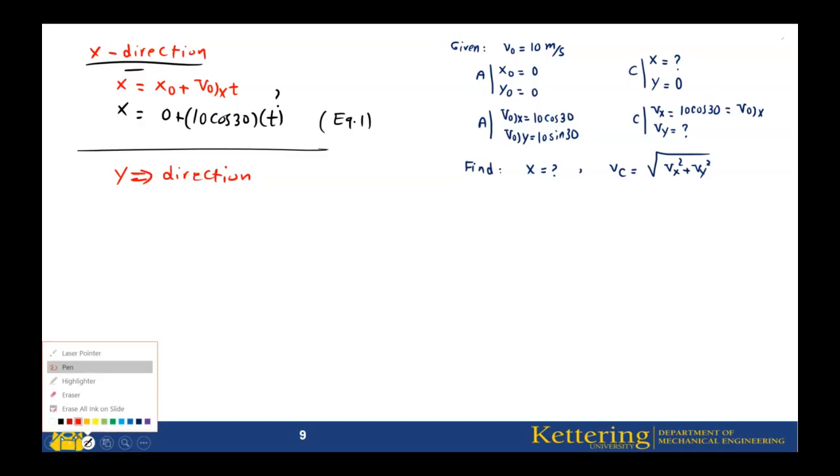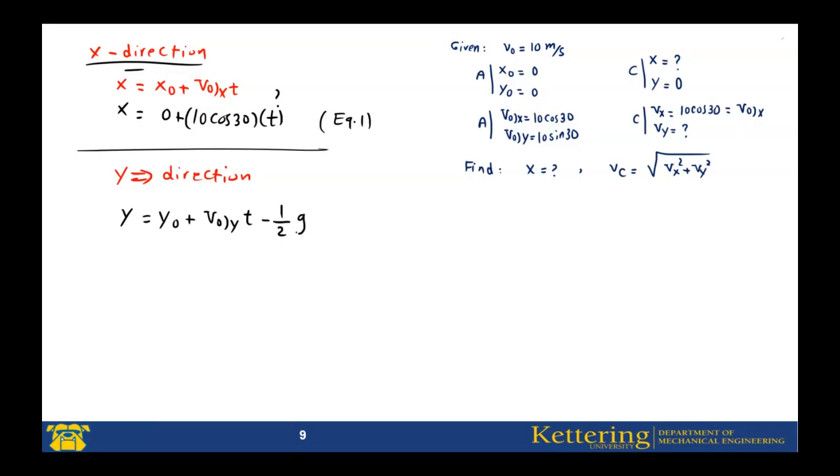I want to select the second equation. I will write it: y equals y0 plus v0y t minus 1 over 2 g t squared. The reason I select this equation is because we have y, we have y0, we have v0y, we have g. The only unknown in this problem is t, time.